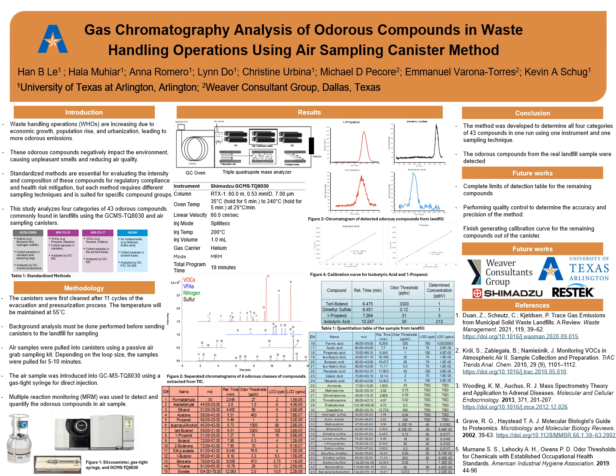After I detected which compounds I got from the landfill sample, I plotted the peak area into the calibration curve to determine the gas phase concentration and compare it to the odor threshold. From there, I can see that the isobutyric acid and dimethyl sulfide are giving a high impact to the environment or the community around that landfill.